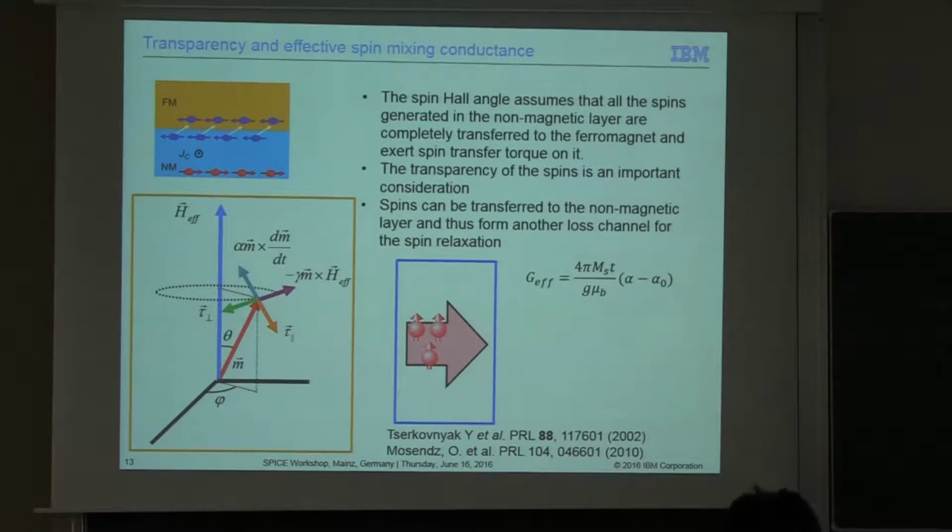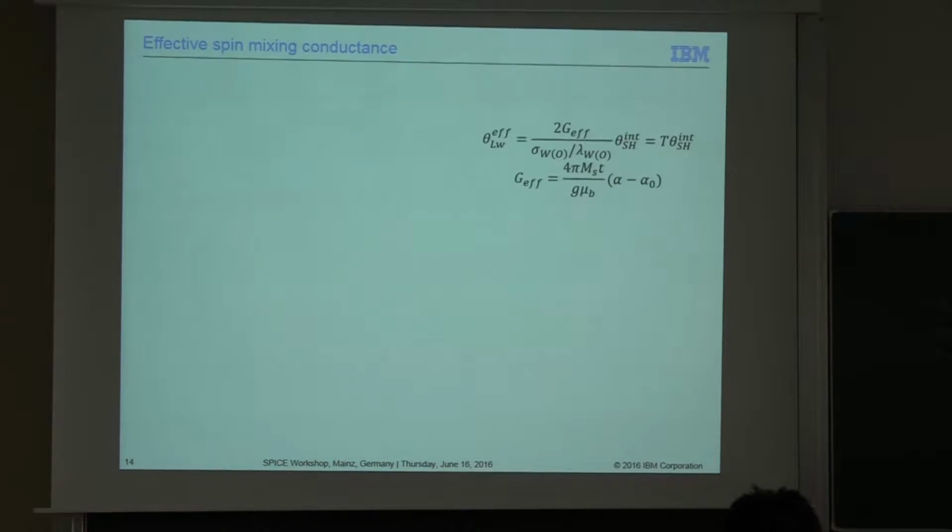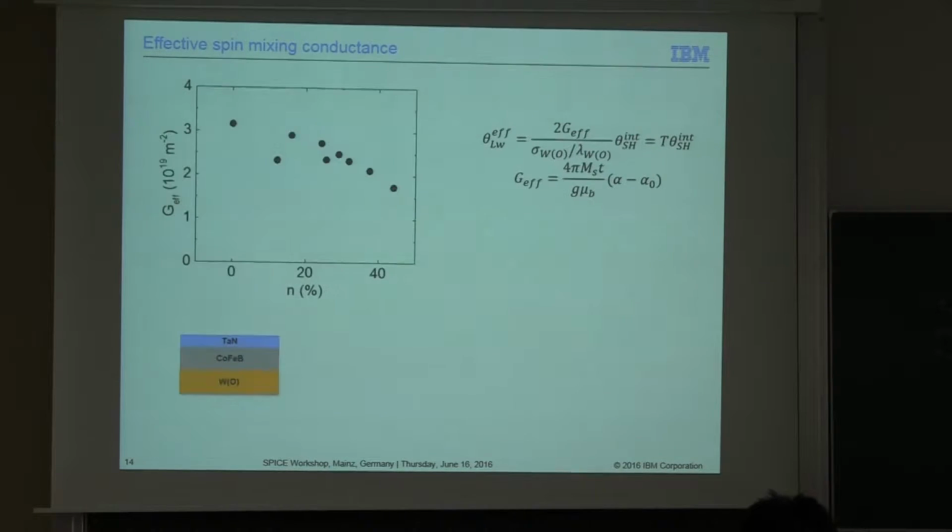You can think of this as though the non-magnetic layer is an additional lossy channel for the spin relaxation that must be considered. Once we know this number, we can then go back and tell what is the transparency of the spins going from the non-magnetic layer into the ferromagnetic layer. So we do this, and we arrive at the transparency of our films.